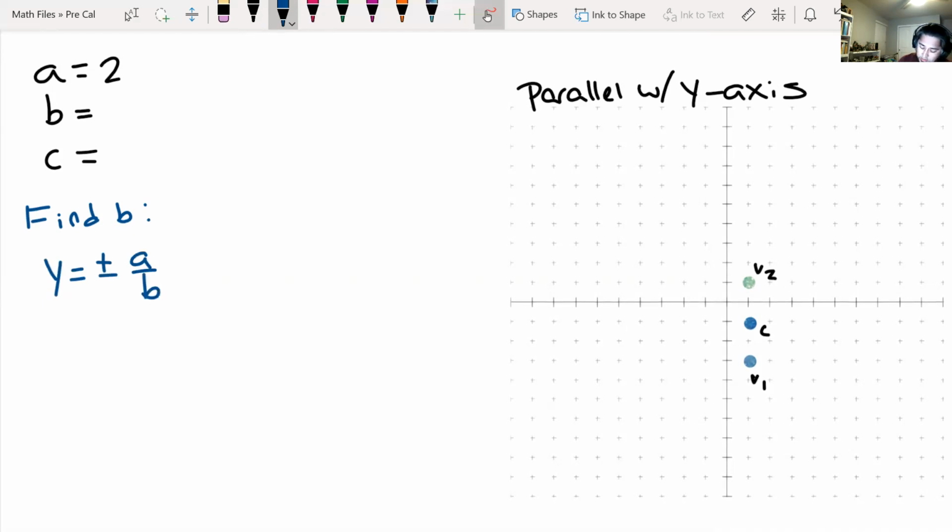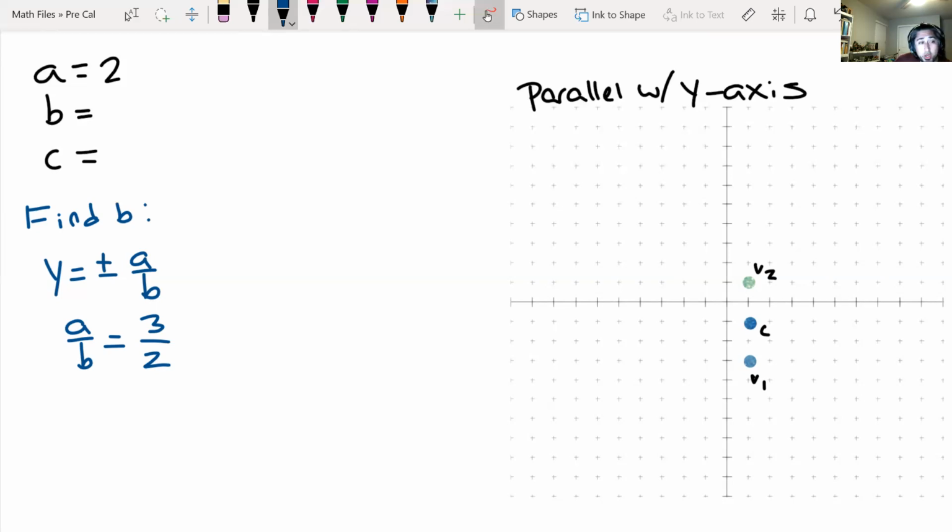Well, what they're saying is that a over b, according to the asymptote, is what value? A over b is 3 halves. Following me now?